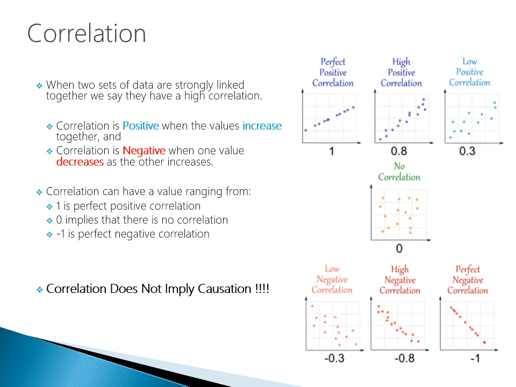One of the most important concepts to understand in predictive modeling and machine learning in general is this statement right here: correlation does not imply causation. What does that mean? Just because I have two data points that exhibit a correlation with each other doesn't mean that they're causally linked.